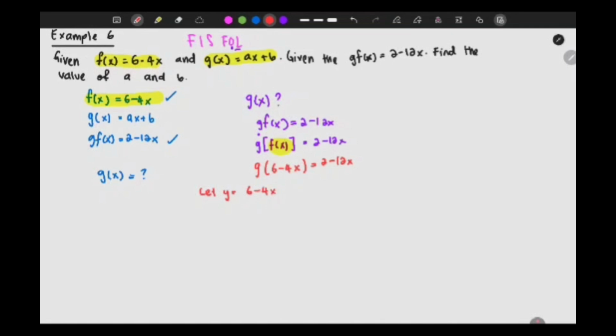You should end with your single x. So your 4 here, bring this side: x equals 6 minus y, divided by 4. And you already find what your x is, from this that you derive. So you can replace your entire x with 6 minus y over 4.